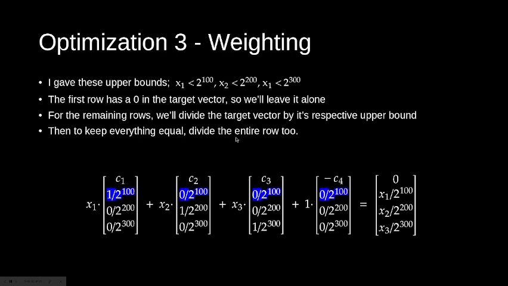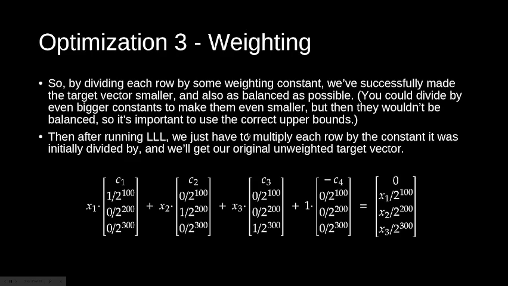Then to keep everything equal, we'll divide the entire row as well, for all rows. So by dividing each row by some weighting constant, we've successfully made the target vector smaller and also as balanced as possible.